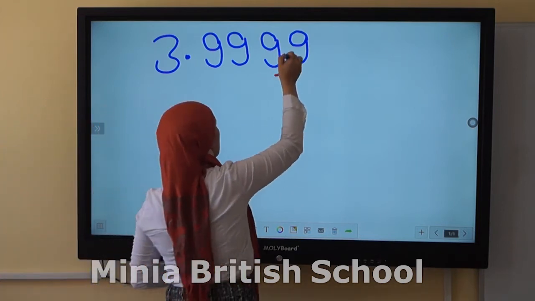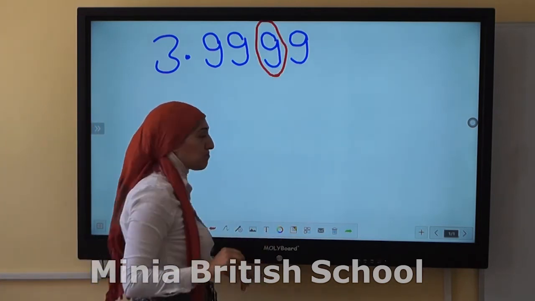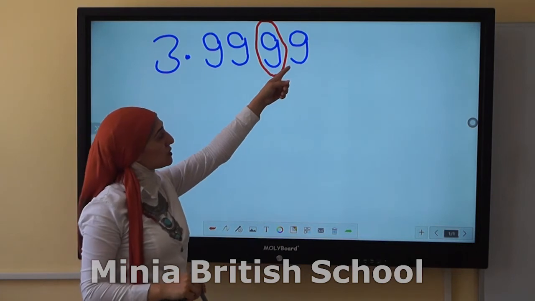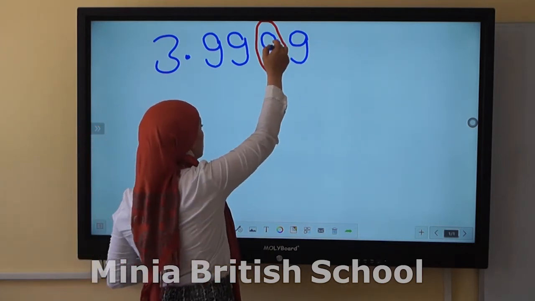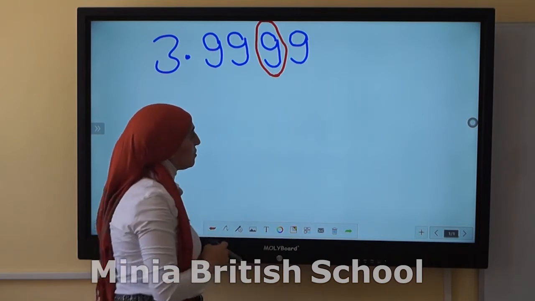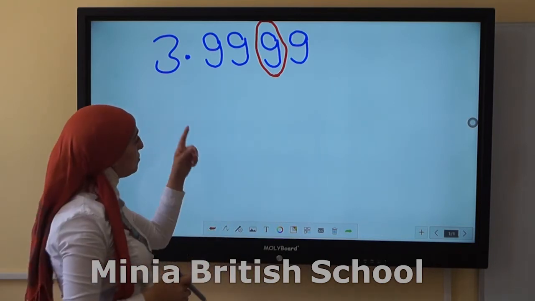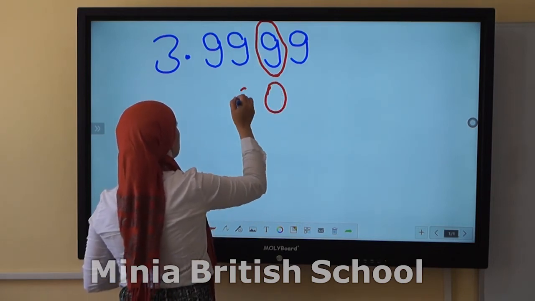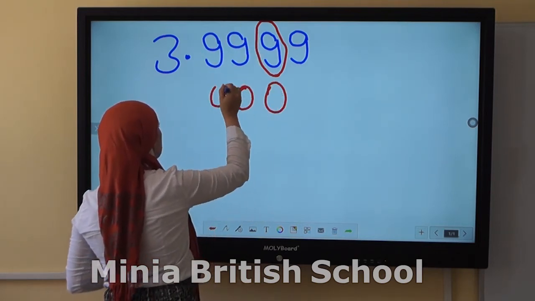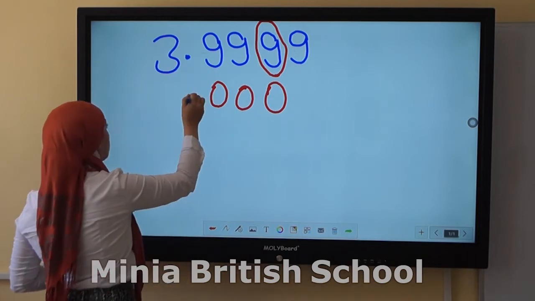Okay, so I determine the thousands, and the next digit is strong, so it will push 9 up. Okay, it will be 10. So this will be 10. Carry on, 10. Carry on, 10. Carry on.